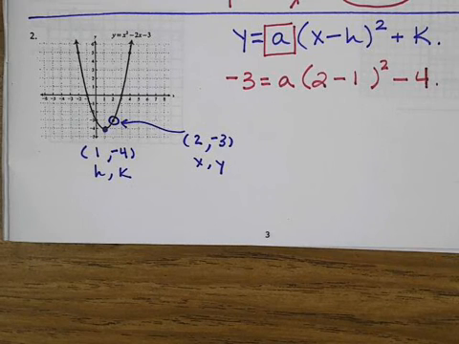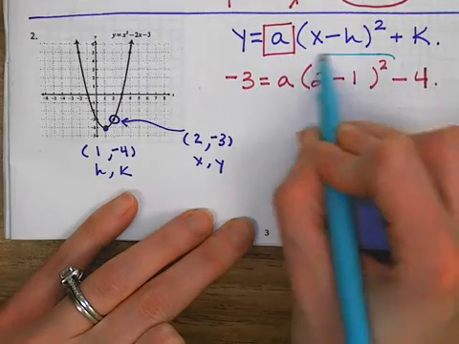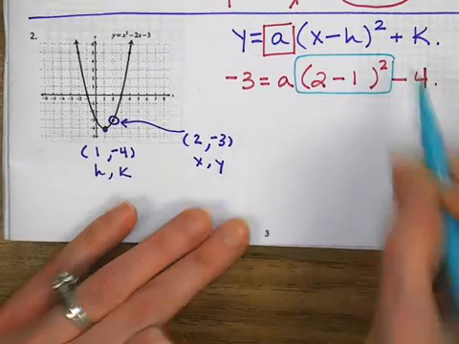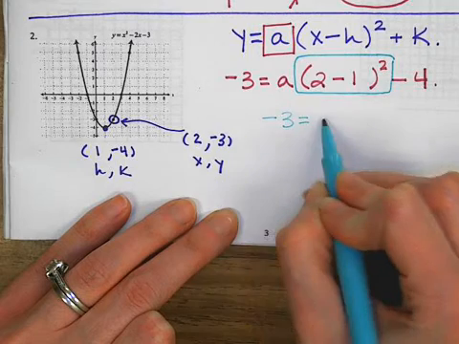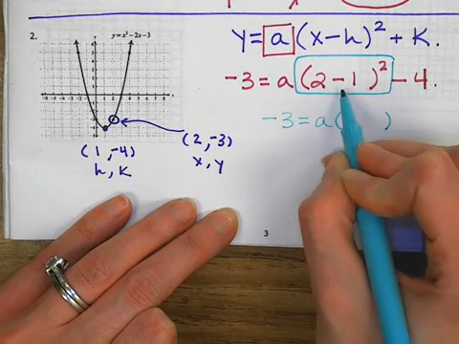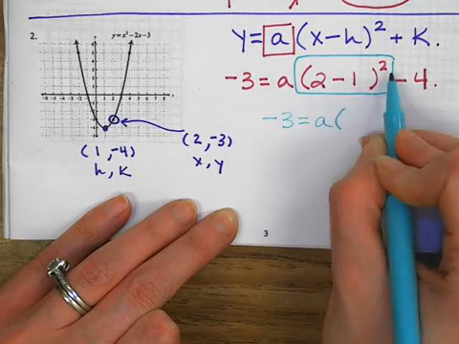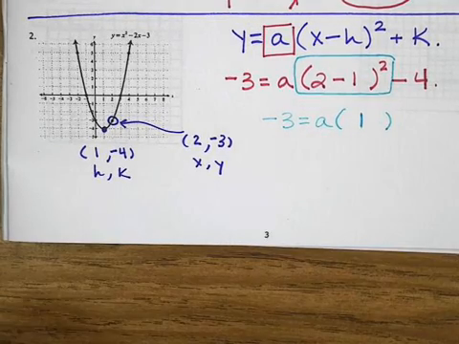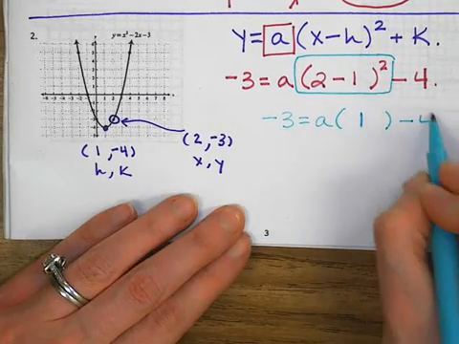Okay, clean it up and let's try to find a. So to clean it up, I'm going to do the parentheses and the exponent first. Let's simplify this first. So it's negative 3 equals a times, okay, what is all this? 2 minus 1 is 1, and 1 squared is 1. Oh, we got lucky again. And then minus 4.